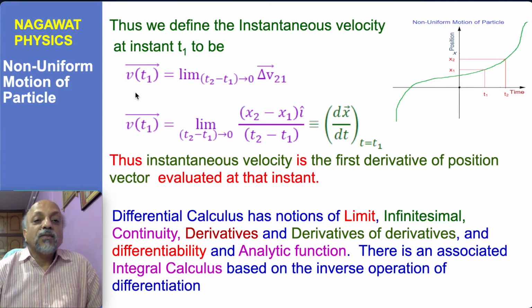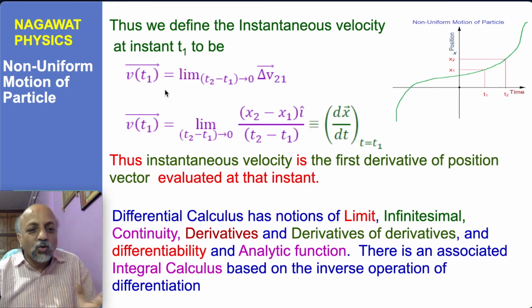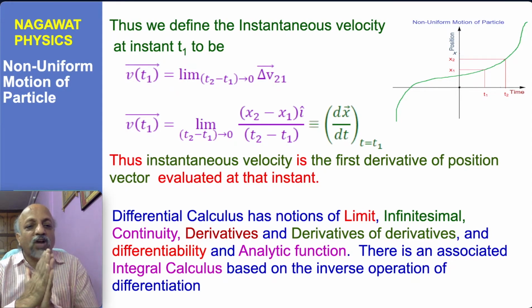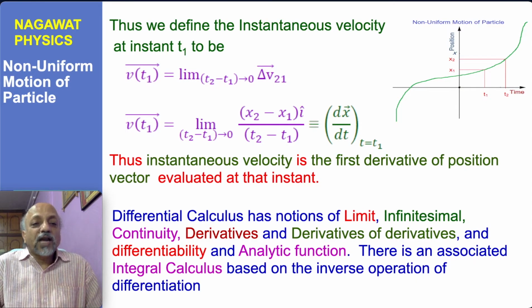Instantaneous velocity by definition is this: the limiting average velocity when t2 minus t1 tends to 0. So when t2 minus t1 tends to 0, you can say it is the limiting velocity at t1 or at t2, it doesn't matter, because the 2 points have become 1 point. So you can write t2 or t1.